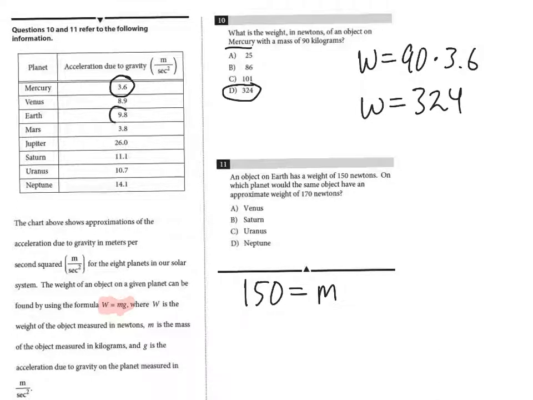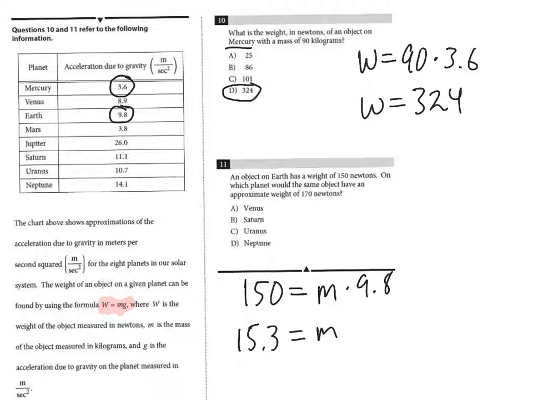Gravity on Earth is 9.8 meters per second squared, so times 9.8. I'm going to divide both sides by 9.8. 150 divided by 9.8 is going to give me a mass of 15.3 kilograms.